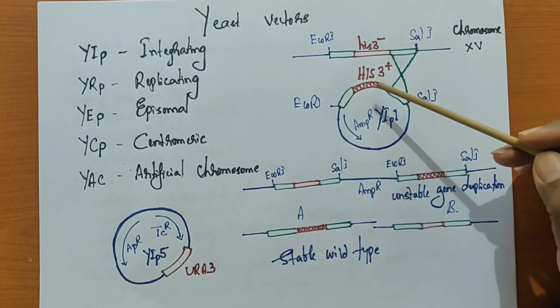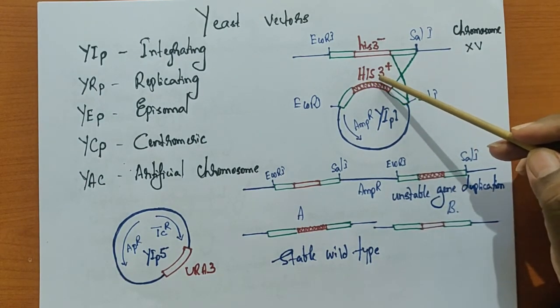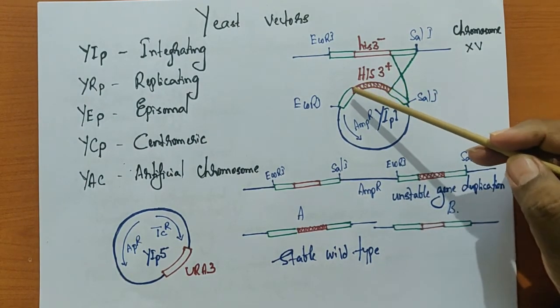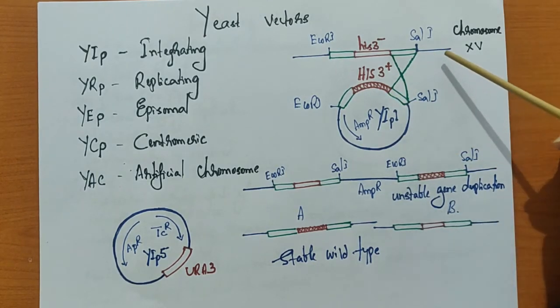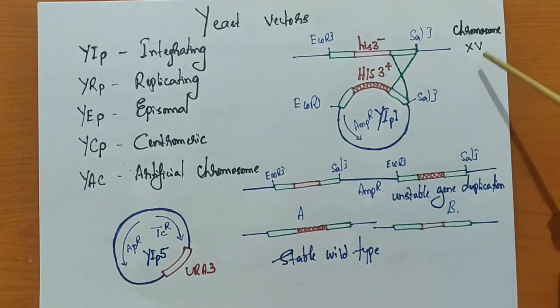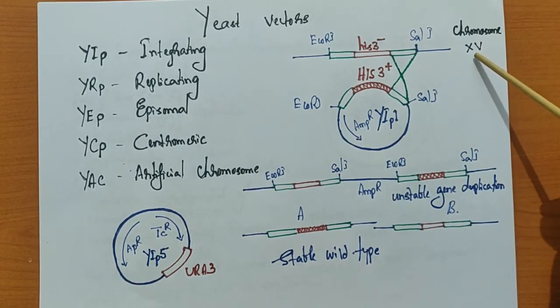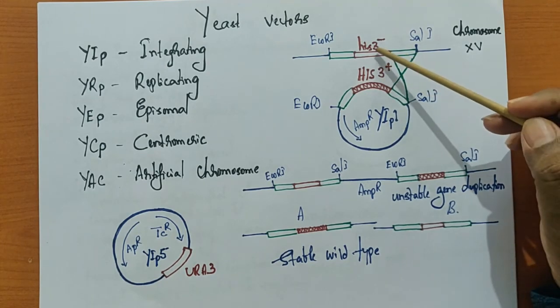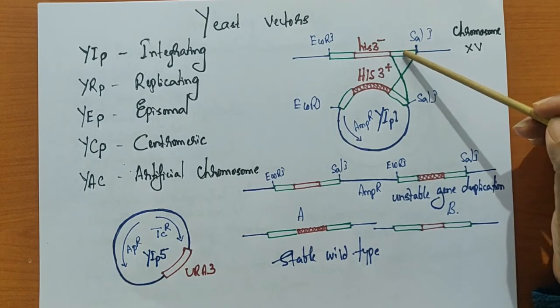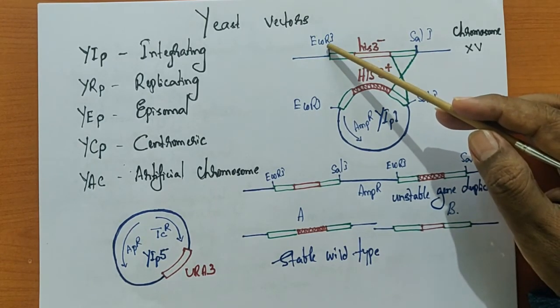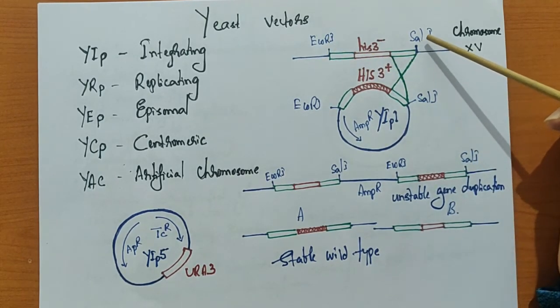Now here we have taken the HIS3 plus, which is a functional histidine gene. We have taken a yeast auxotroph, where in chromosome 15 the HIS3 is mutated. Next to this HIS3, we have a repetitive unit, one EcoRI, another one SalI.